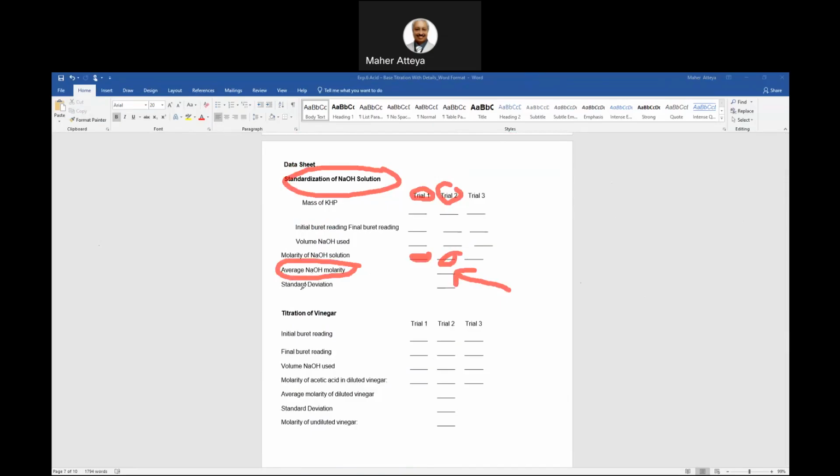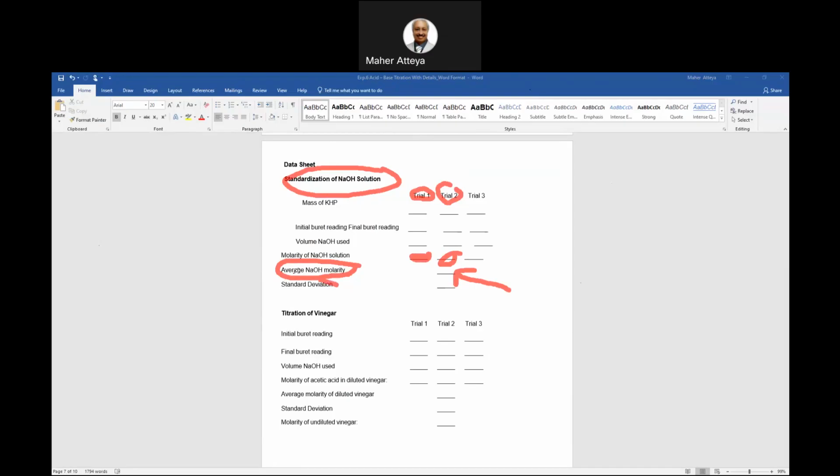The standard deviation, you might not know what it is. The standard deviation is how far you are from the average. If your data is good, you are very close to the average. If your data is bad, your data will be far off, so your data is not good. So that's the standard deviation.